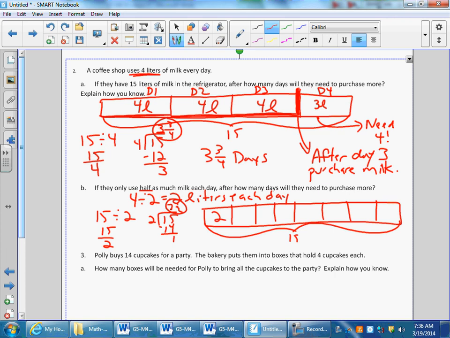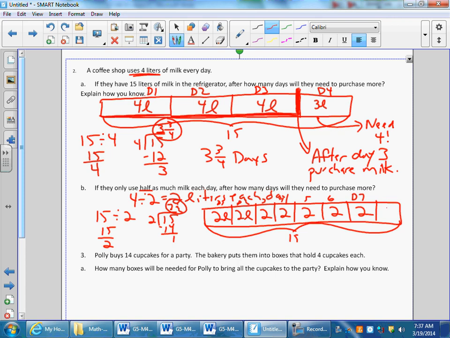Day 1, 2 liters. Day 2, 2 liters. Day 3, day 4, day 5, day 6, day 7. So I have day 1, 2 liters. Day 2, day 3, day 4, day 5, day 6, day 7.